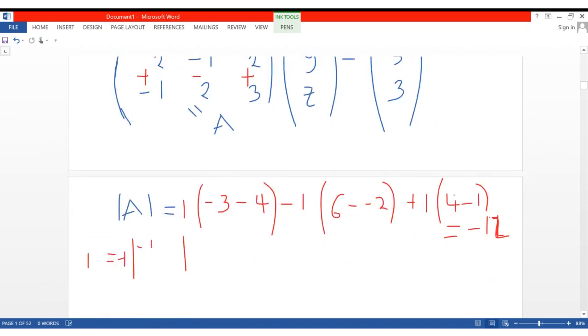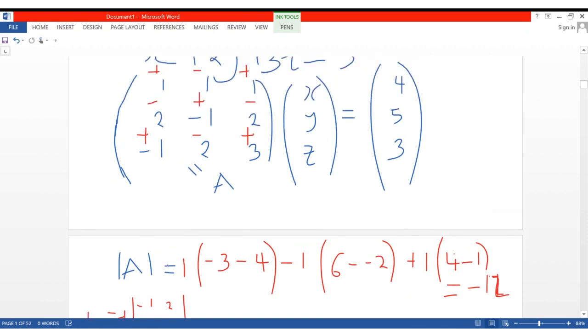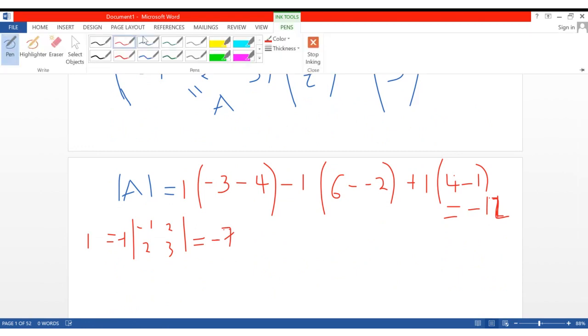Negative 1, 2, yes, 2 and 3. That is the cofactor of 1. So this one, when I do it, the leading minus, and so I'll have negative 3 minus 4. So I'll have negative 7.